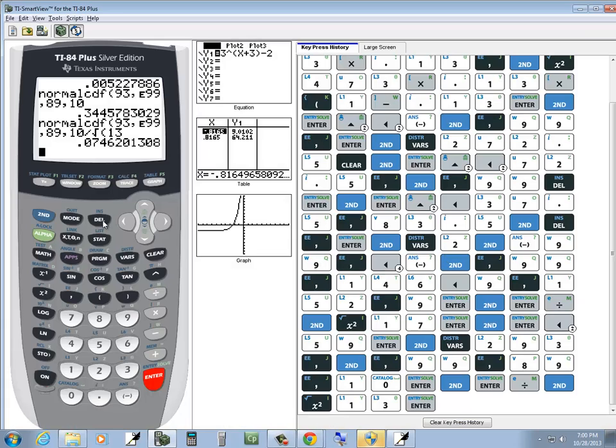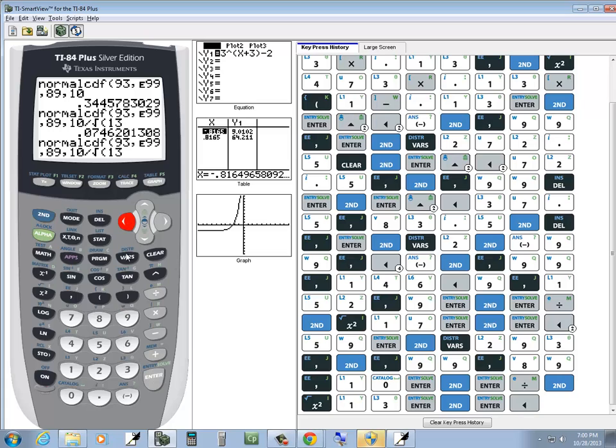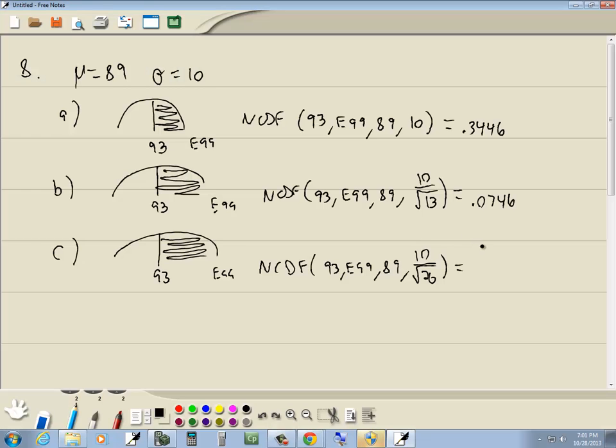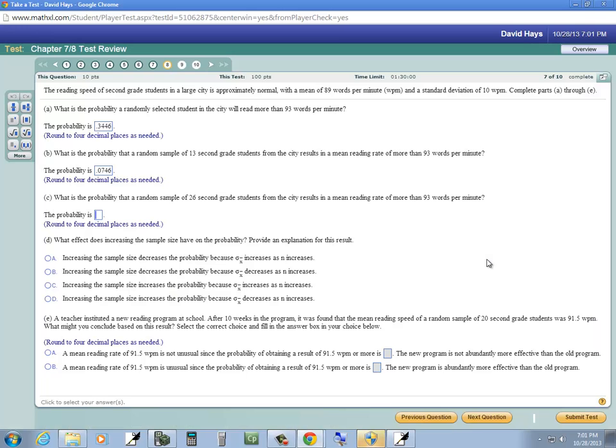So I'll do a second enter, bring up the previous entry, and I'll go over to the 13 and put in 26. 0.0207.